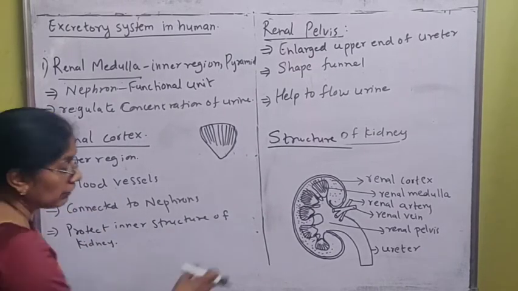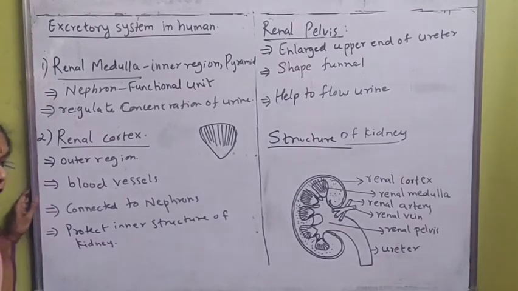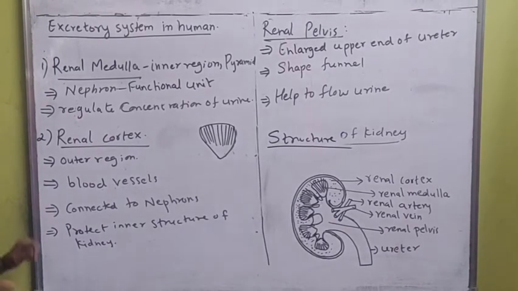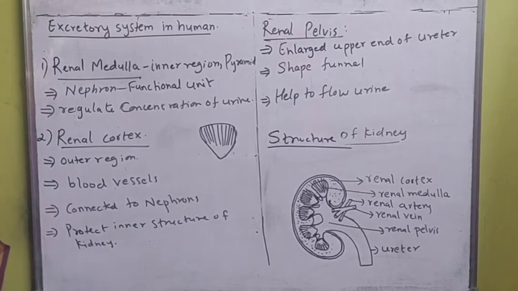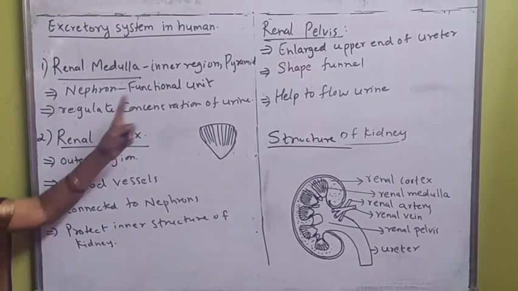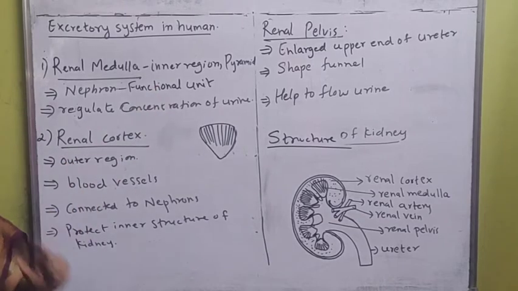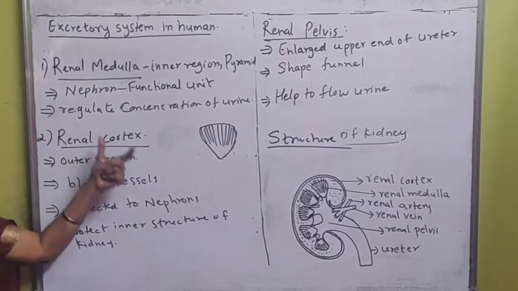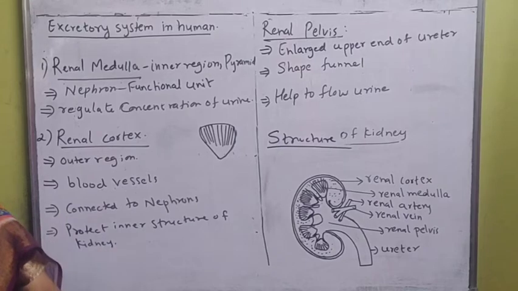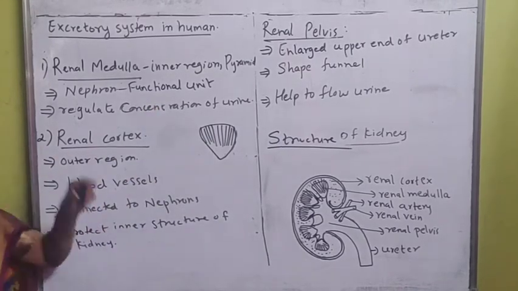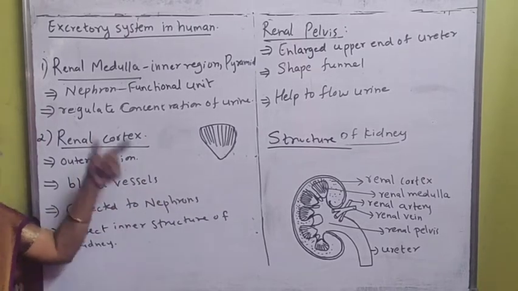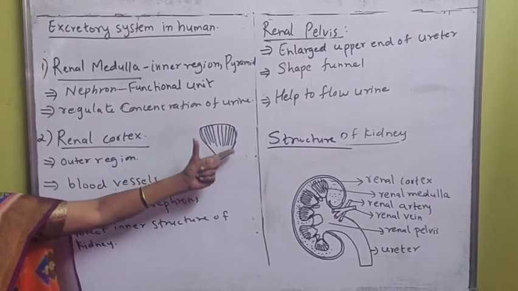So, renal medulla: where is it situated? In the inner region of the kidney. What shape is it? The shape of a pyramid. What does it contain? Numerous nephrons. What are nephrons? The functional unit of the kidney. What is the function of the renal medulla? To regulate the concentration of urine.